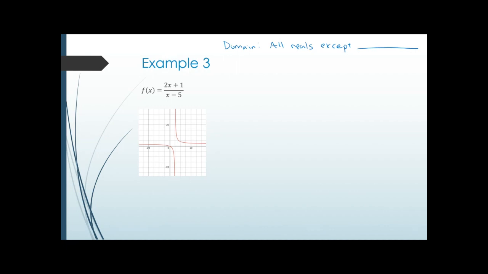And to figure out what's being left out, that's on the vertical asymptote. So the top, we're going to just label these. The top is the numerator, n of x, and d is the denominator, d of x.